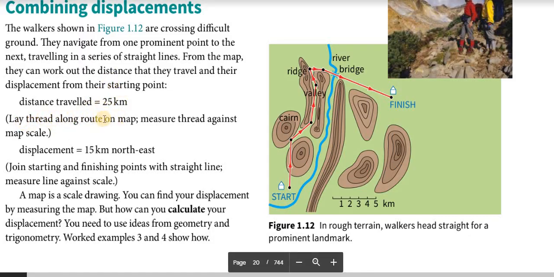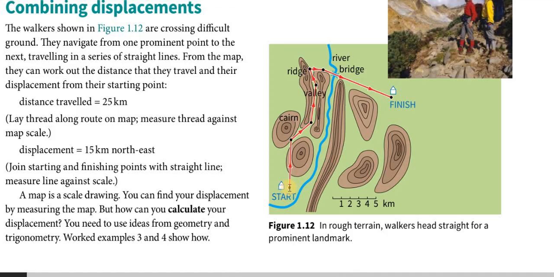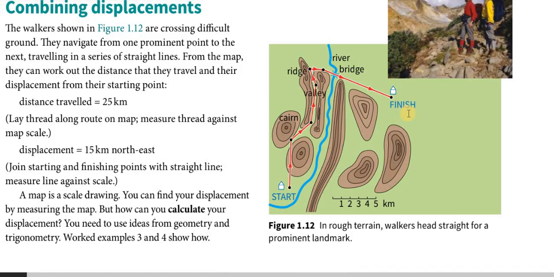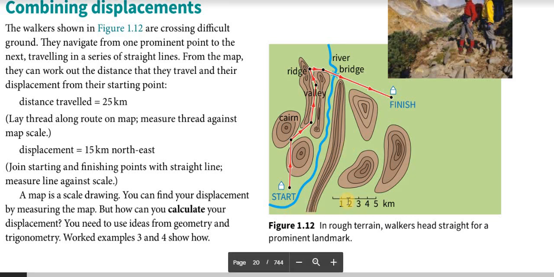Lay thread along route on map. Measure the thread against map scale. Okay, then the displacement you can find is from here to here. Like I said, the displacement depends only on the starting point and ending point. It is the shortest distance, the length of the line joining the starting point to the ending point. Okay, so 15 kilometers. Now what you can do is use the scale.